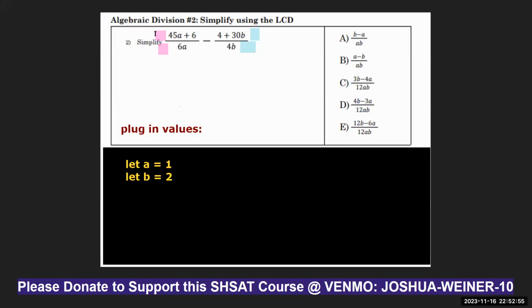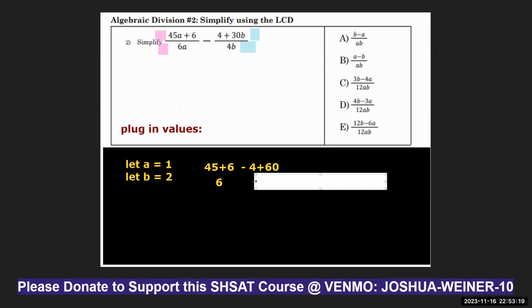Then we're going to plug into the expression and see what we get for the fractions. If A is 1, we'll have 45 plus 6 in the numerator. And for the second fraction in the numerator, we'll have 4 plus B is 2, so 4 plus 60. And then in the denominator, since A is 1, we'll have 6. And since B is 2, 4 times 2 is 8.